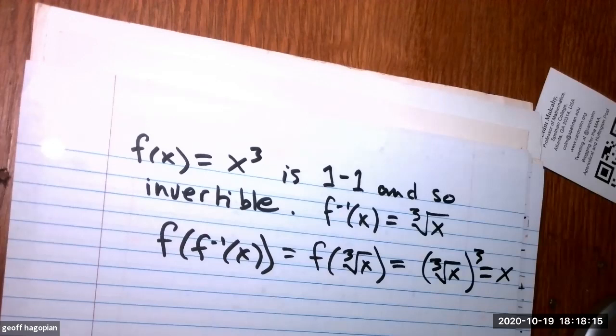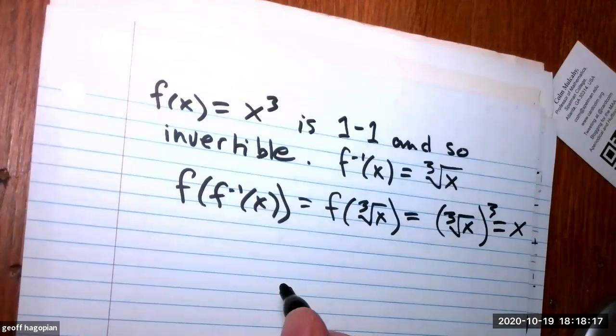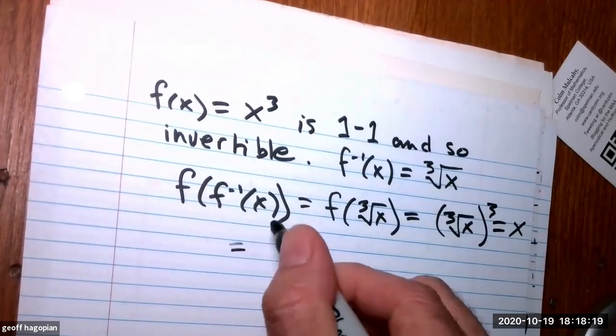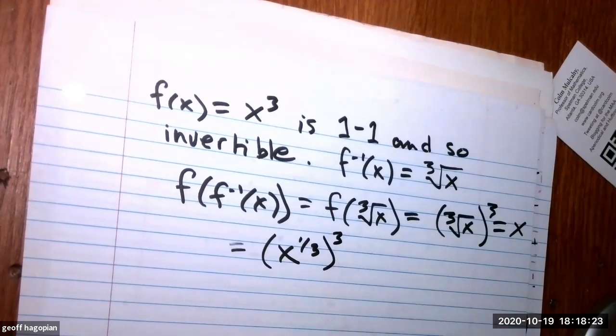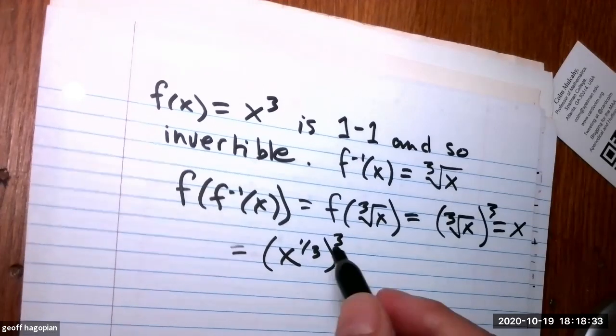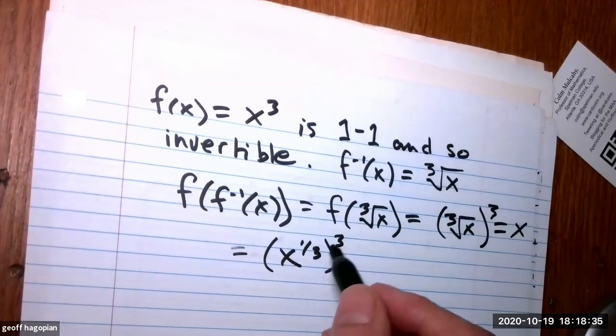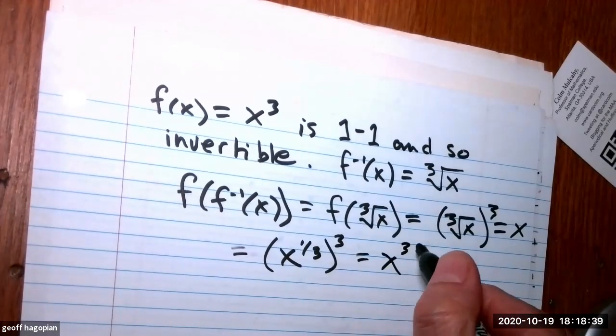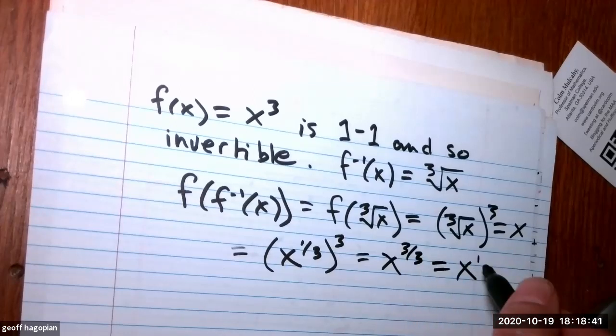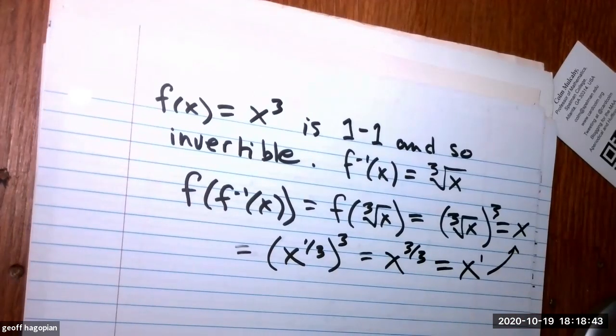You can also use the exponential notation, x to the 1/3. The cube root can be represented as a rational exponent by x to the 1/3. Is that well known? Okay, well, it is now. Then the property of exponents says power to the power, you multiply the powers. So this is x to the 3/3, or simply x to the 1, which is x, right?